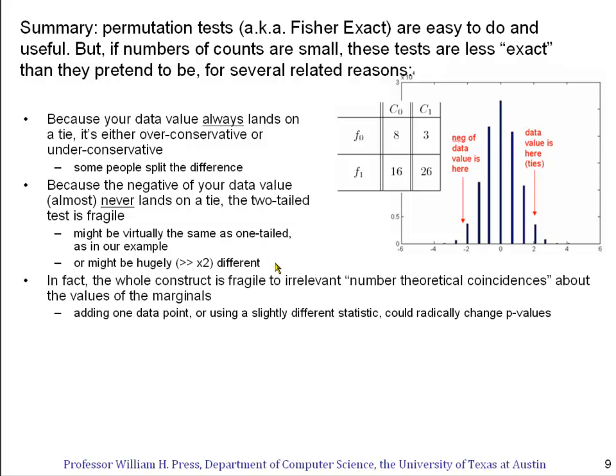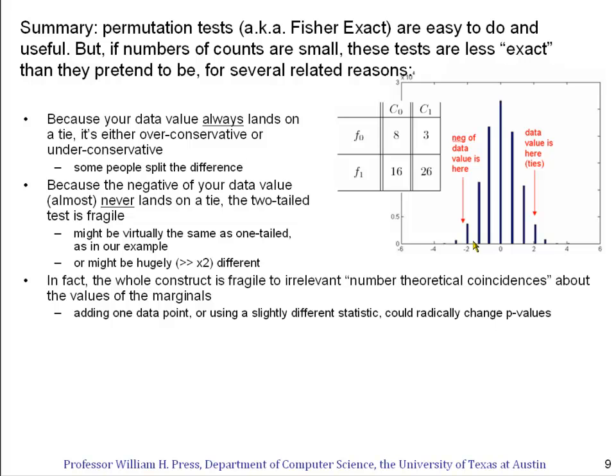So what we're seeing here is that this whole construct is fragile to what I call irrelevant number theoretical coincidences about the values of the marginals and how the particular numbers here map into particular values of the statistics here.